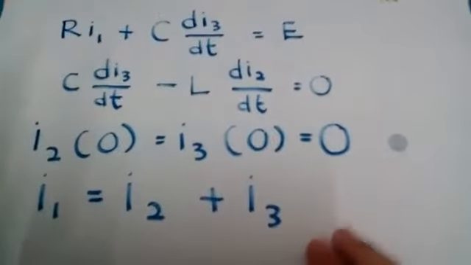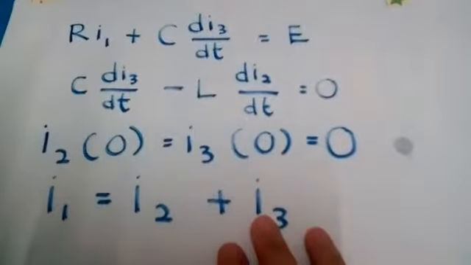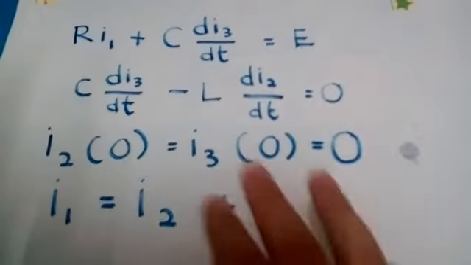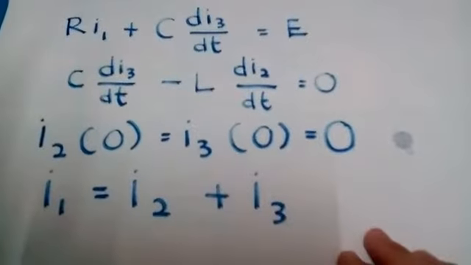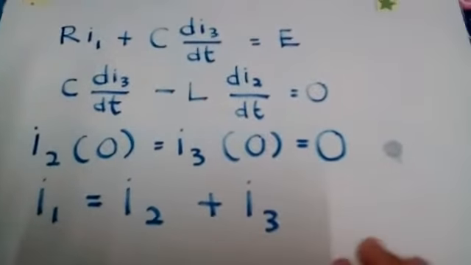So from this equation we just need to plug in the values of R, resistance, C, and also L, which is the inductance.